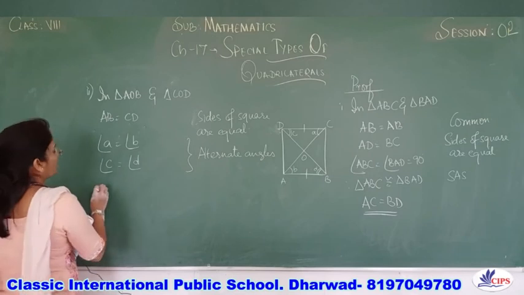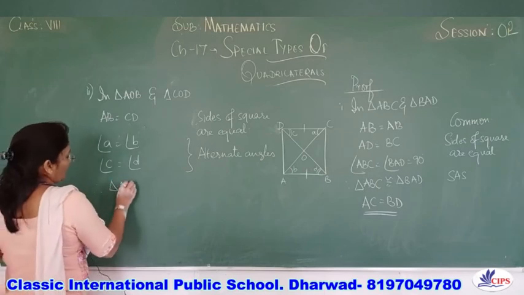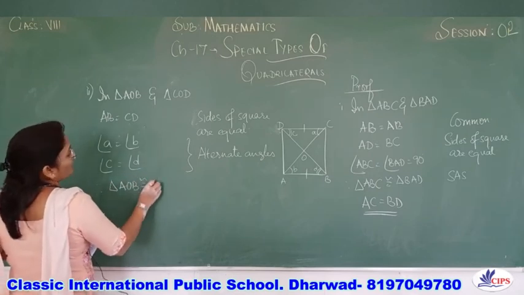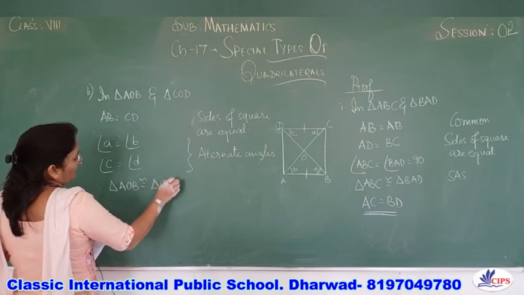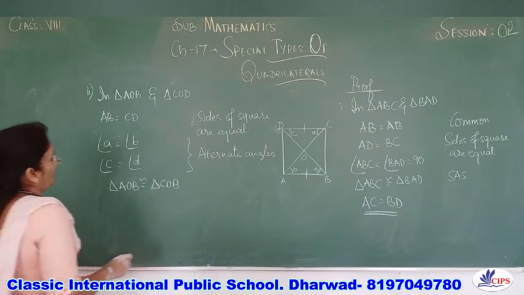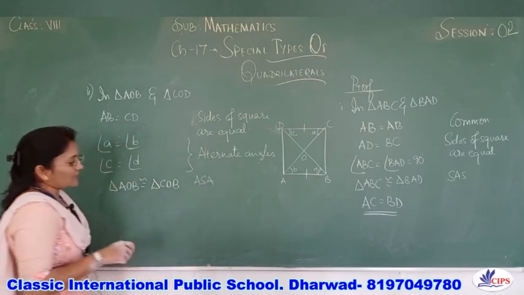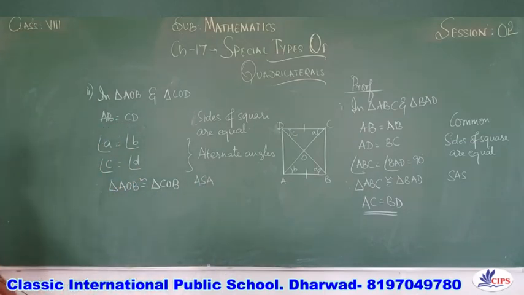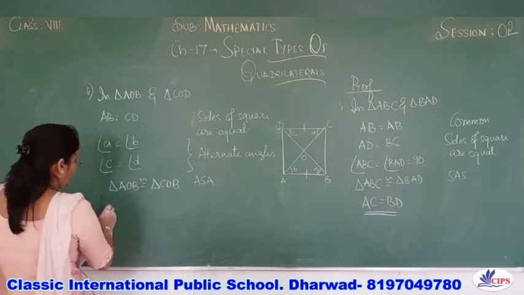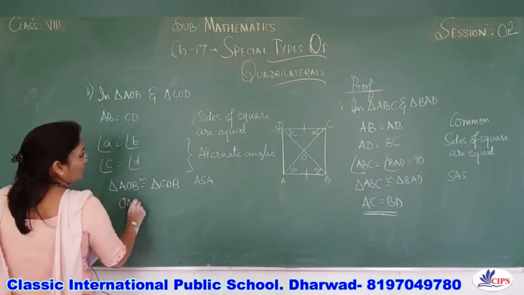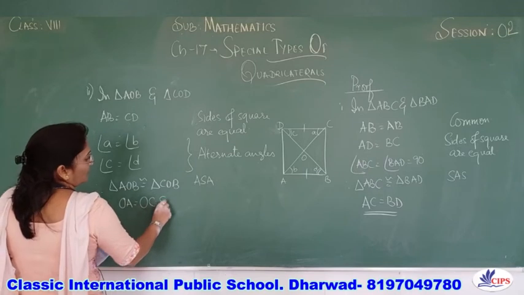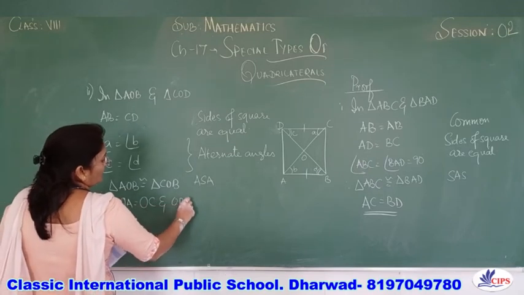So, we prove that triangle AOB is congruent to triangle COD. What's the reason? It is ASA. Two angles and one side of those triangles are equal, so the triangles are congruent. Therefore OA is equal to OC and OB is equal to OD.